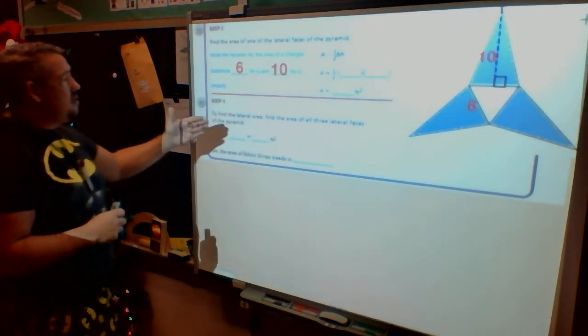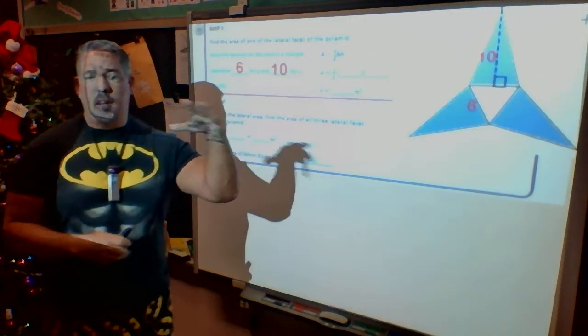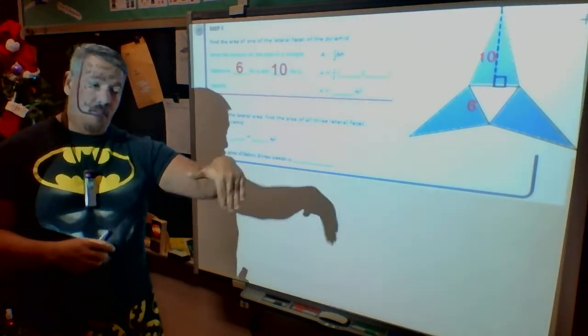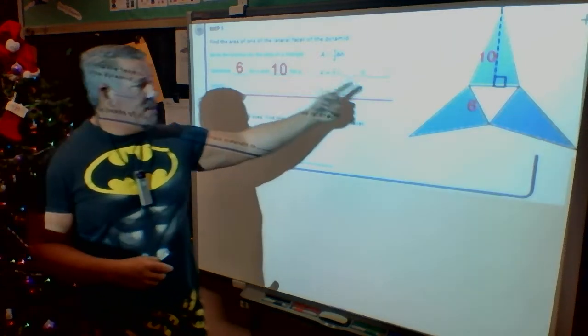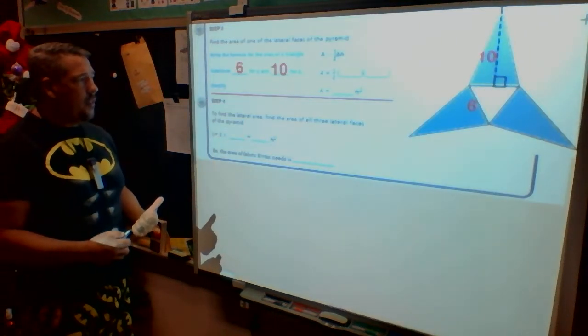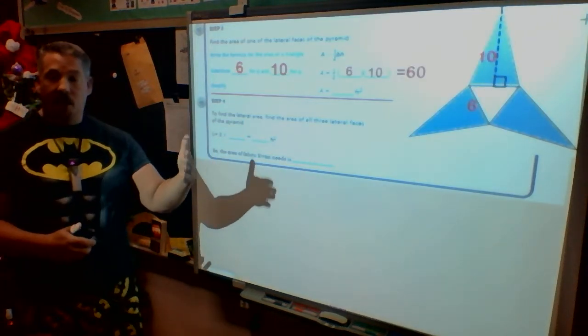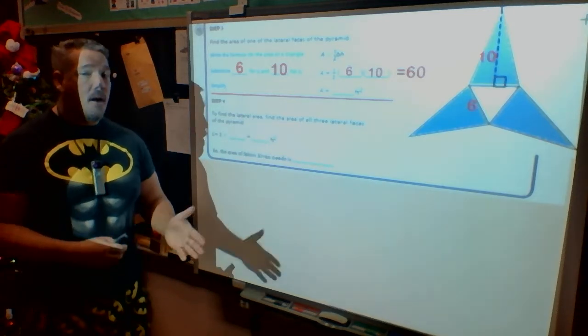So once I get to that then, I'm going to find what the base is, and I'm going to find out what the height is. So on my formula of 1/2 times base times height, or base times height divided by 2, I know that my base is 6 and my height is 10 according to my diagram and the information that it gave me. So when I multiply 6 times 10, I get 60. Have to remember it's a triangle. Have to divide it by 2.